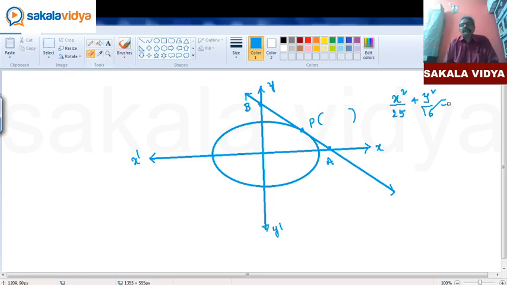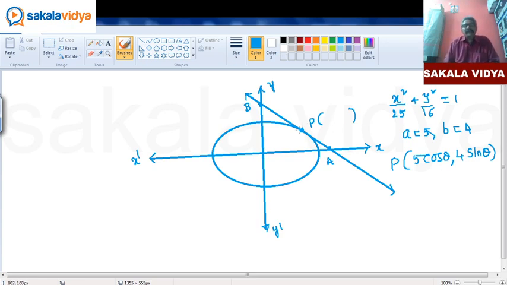Here a square is equal to 25, so a equals 5, and b equals 4. The coordinates of P will be a cos theta, that means 5 cos theta, comma 4 sin theta.